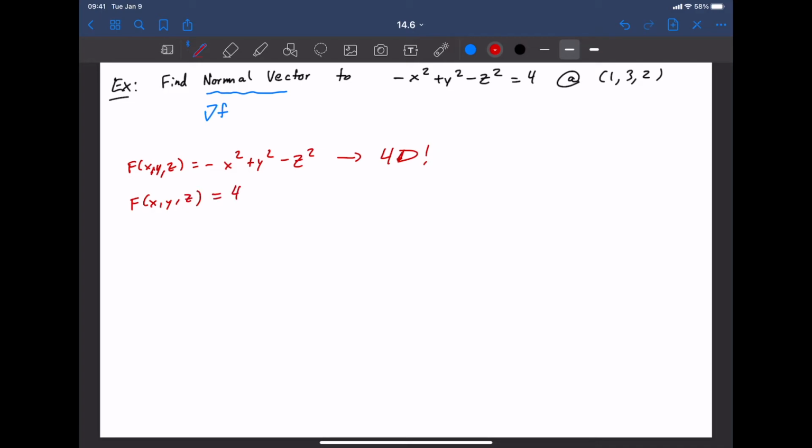Equals 4 is a singular level surface that contains (1, 3, 2). Okay, that's the level surface that contains our key point. And it's a 3D situation. This guy is 3D. It's a cone. It's the one we were just talking about up there. Okay, that's why this technique works.